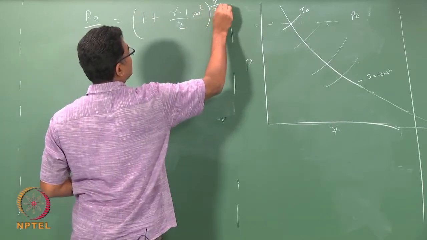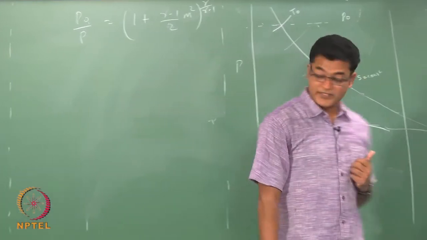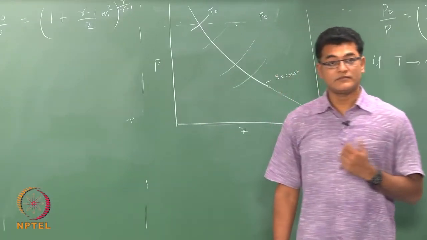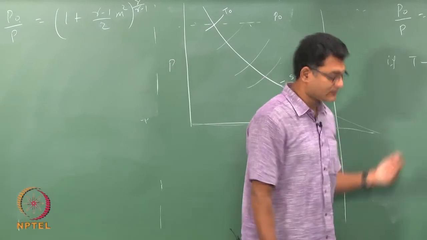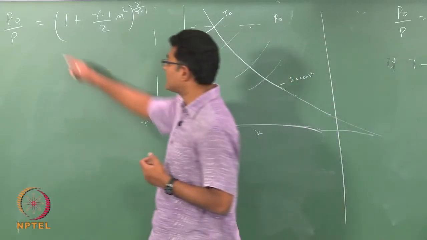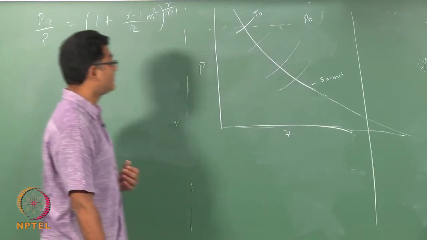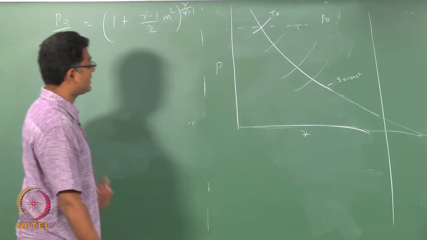Gamma by gamma minus 1. Okay. So, this is the relation that we have derived for the pressure change as the fluid undergoes some process between stagnation point and state 1 in this particular diagram.